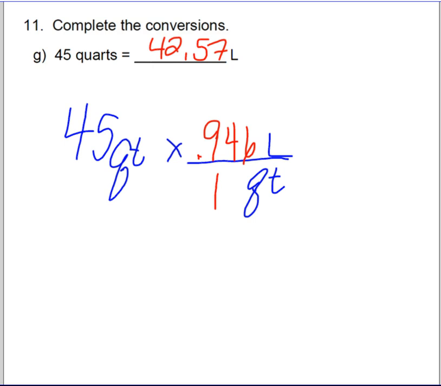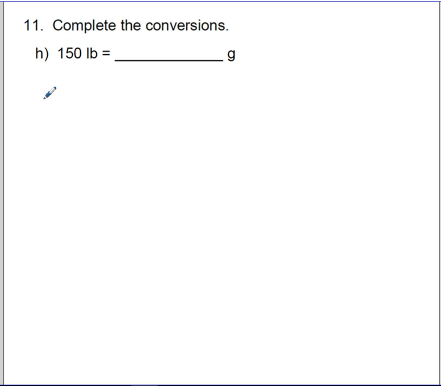Here we have pounds to grams. And so let's start off by looking at the unit conversion that we are given, and it's 150 pounds times our unit conversion, get rid of pounds. But instead of grams, our unit conversion is in kilograms, so we'll have to do a second unit conversion, moving that decimal.